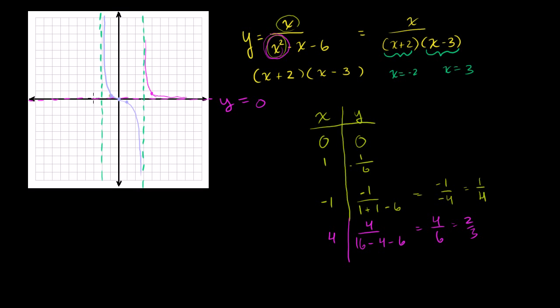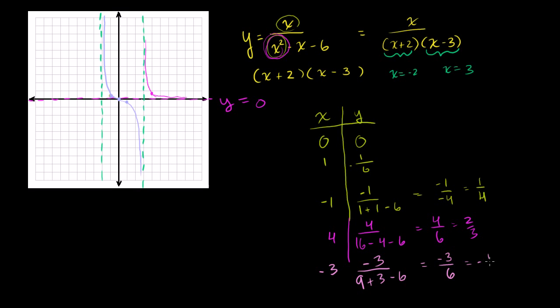And then let's see what happens when x is equal to negative 3. So when x is equal to negative 3, we have negative 3 over negative 3 squared, which is 9, minus negative 3. So that's plus 3 minus 6. So what is this equal to? This is negative 3 over 9 plus 3 minus 6, so 12 minus 6, over 6, right?